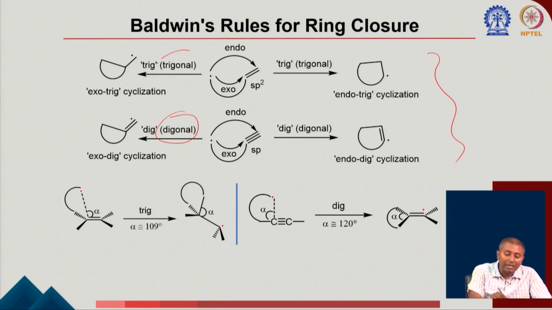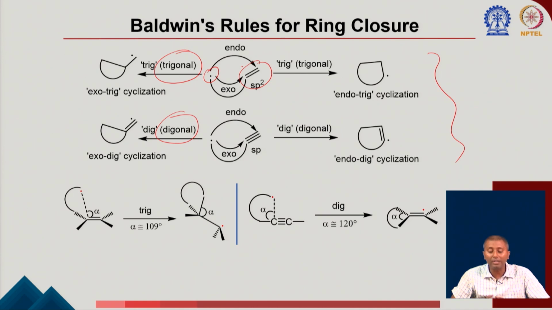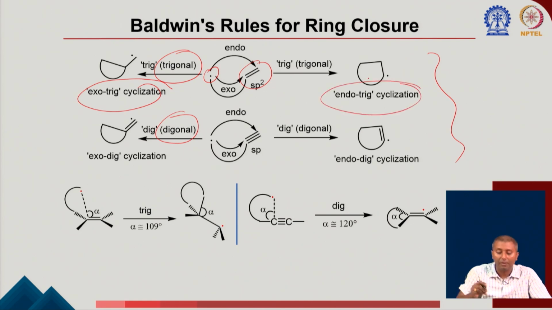So we are going to see the trigonal and the diagonal here. Okay, so if you see, you have a radical and you have an olefin, and now how are they getting cyclized? There could be an exo-trig cyclization or there will be an endo-trig cyclization. Also, if you have an alkyne and there is a radical, then it has the possibility to go for an exo cyclization or an endo cyclization.